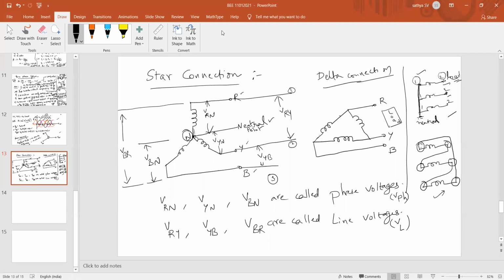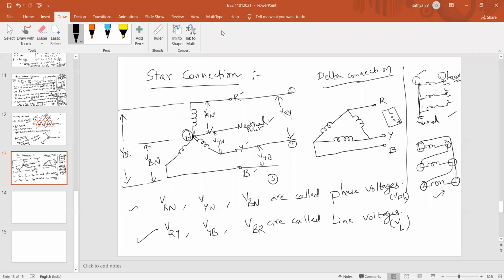Here I have represented the voltages VRN, VYN, VBN, and with respect to line as VRY, VYB, and VBR. So these RY, YB, BR are called line to line voltages, and these RN, YN, BN, where N is common, will be called phase voltages. If anybody asks what is phase voltage: the voltage between the line and the neutral point.